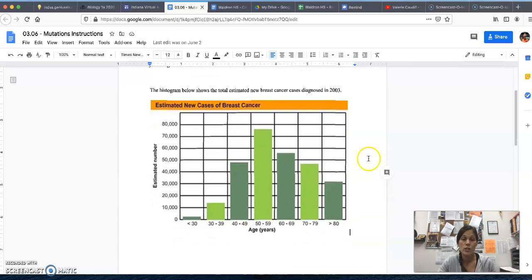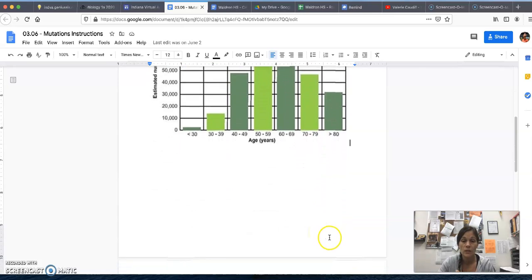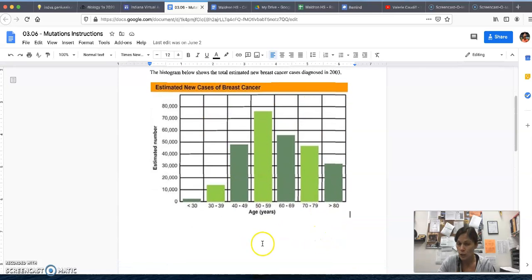Here we have a histogram that shows the total estimated new breast cancer cases diagnosed in 2003. Our data is a little bit old here, but this is the assignment that we have to work with. We have the estimated number of people, and then the age in years along the x-axis. You're going to really need to break down this data. See what it is telling you. What do you think it's telling you? What can you infer from this data? What can you take from the lesson and apply to this data?